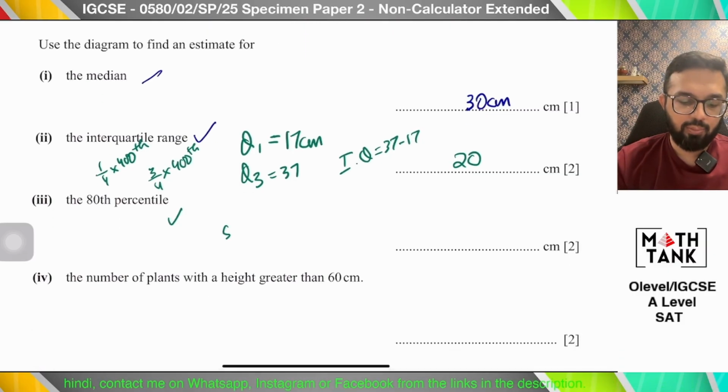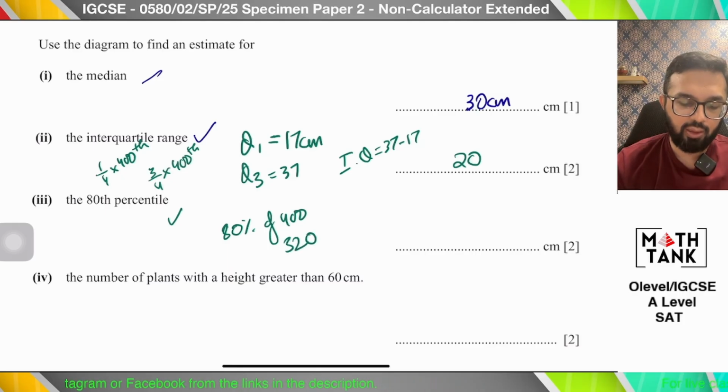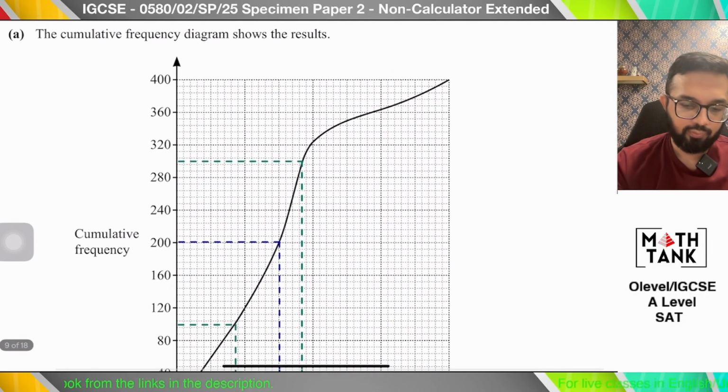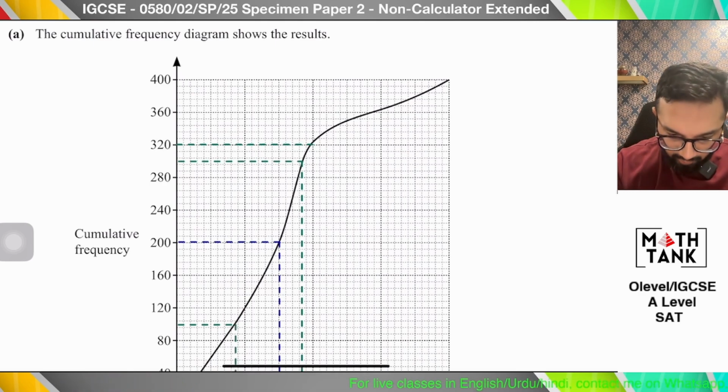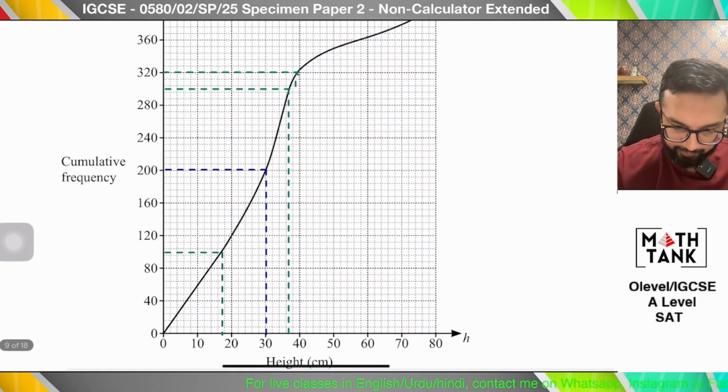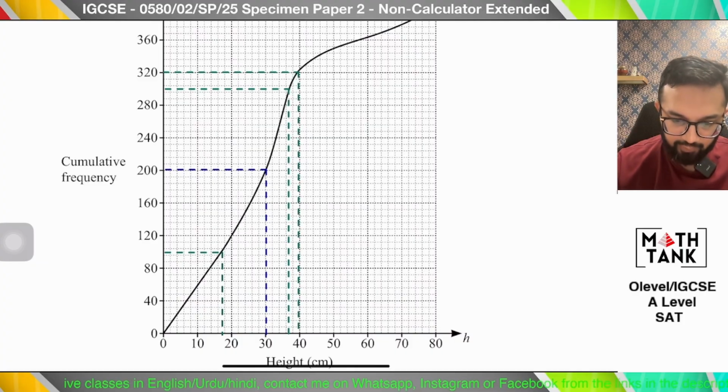Then I want the 80th percentile, so 80% of 400 gives me 320. Then again, that's in the middle, 39, I think.